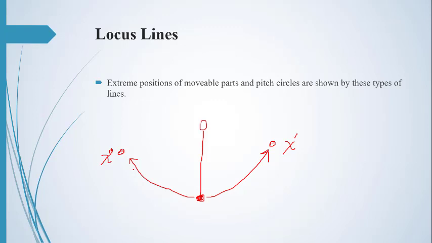So the movement across the path can be drawn with the help of a line. This kind of line is known as a locus line.